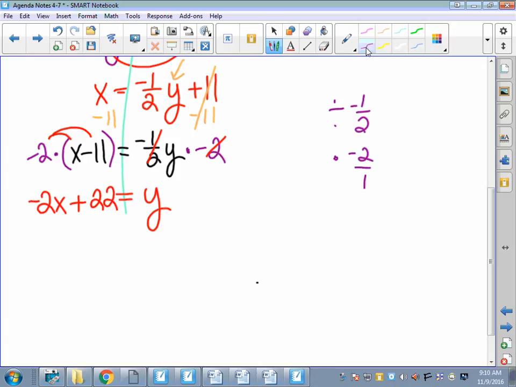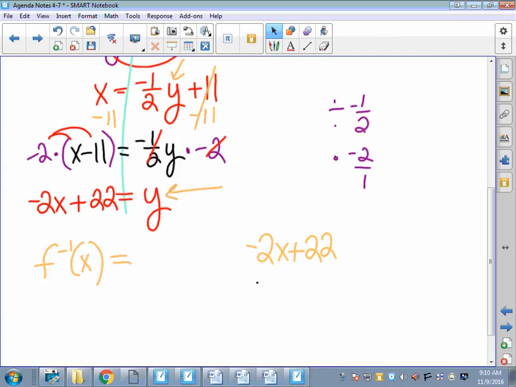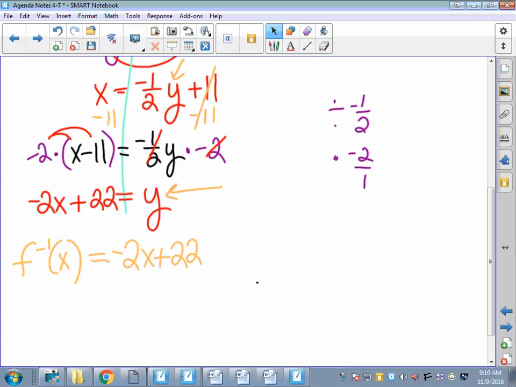And the last step, it said to replace the y. What are we putting in place of the y? Just to make it fancy, right? We're going to do f inverse of x equals, I'm going to just put this on the other side because it looks more answerish that way, negative 2x plus 22. If you put negative 2x plus 22 equals f inverse of x, you would absolutely be right.